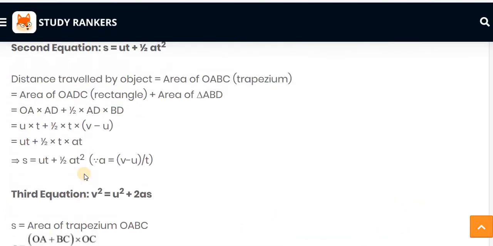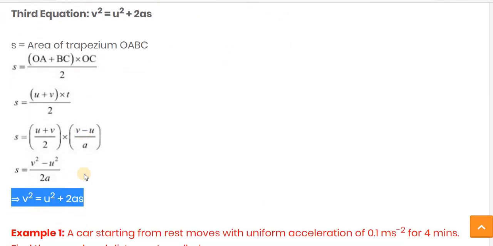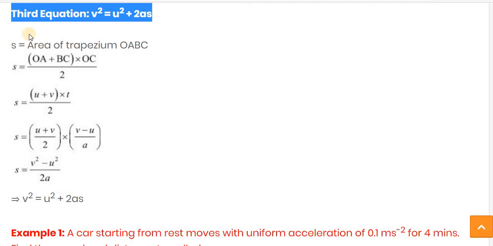Let's see one more time. The third equation: V square is equal to U square plus 2AS. S is equal to the area of trapezium, means OABC. And the formula of trapezium is the summation of the parallel sides into the perpendicular of these parallel lines divided by 2.